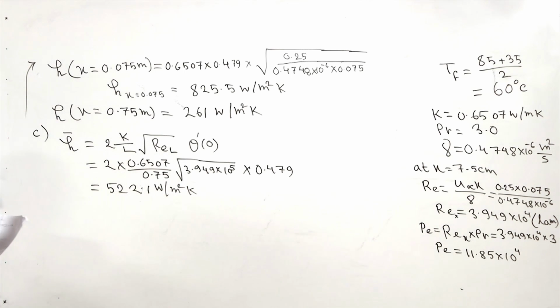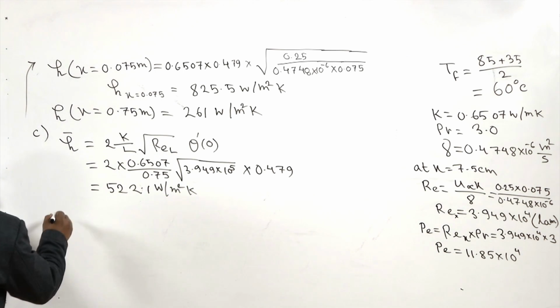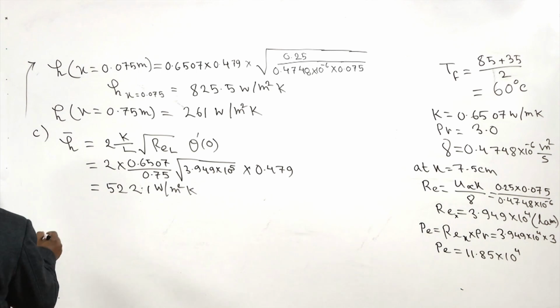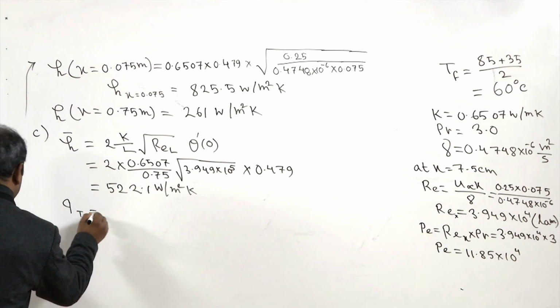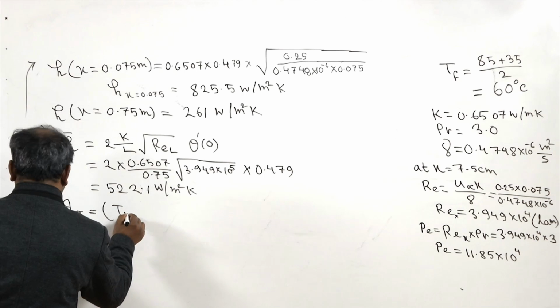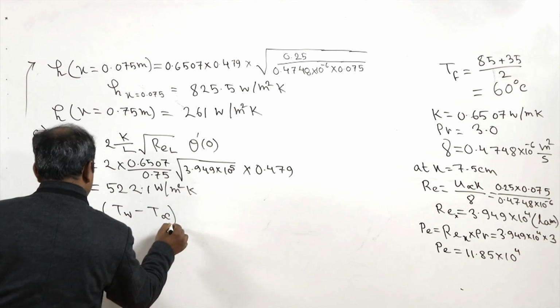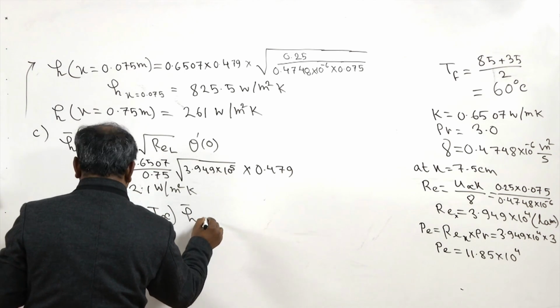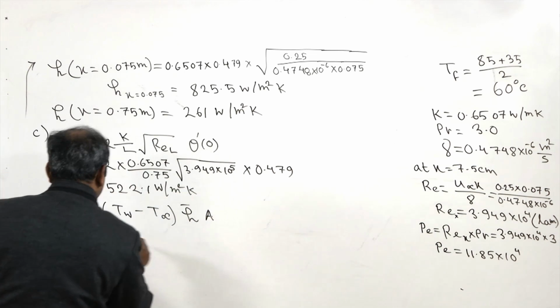Okay. So we have got h bar, and we will use this for finding out the heat transfer rate. So Qt is the heat transfer rate, this becomes Tw minus T infinity into h bar into A. Let me put the values.